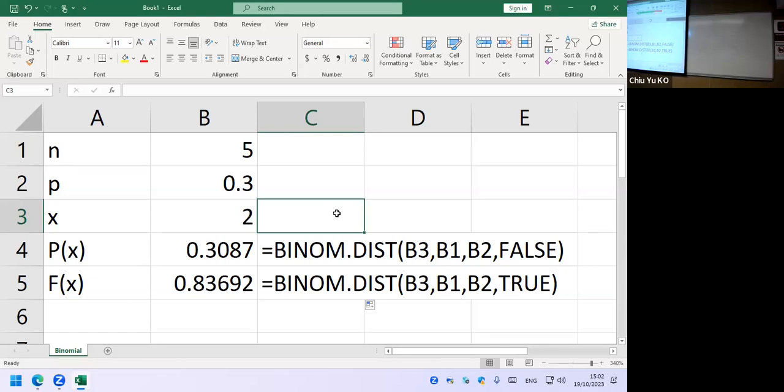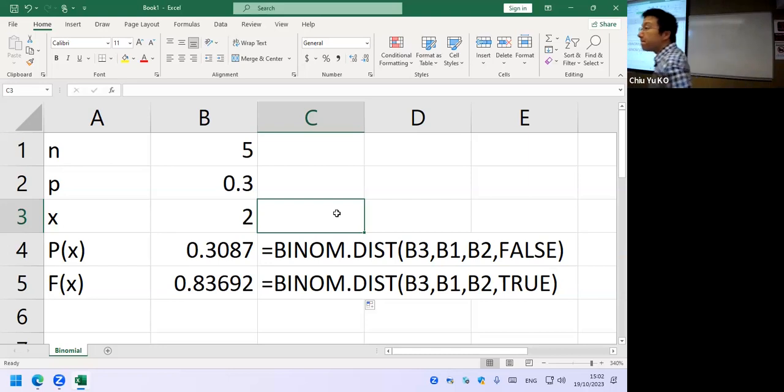Google Sheets can also do the same, so the syntax is the same. So even though we don't like Microsoft, we like Google, so it's the same. I don't know about Mac's own version, but at least Office 365.